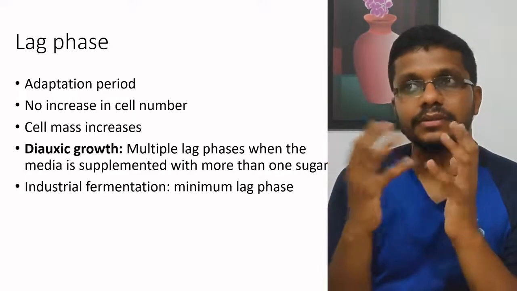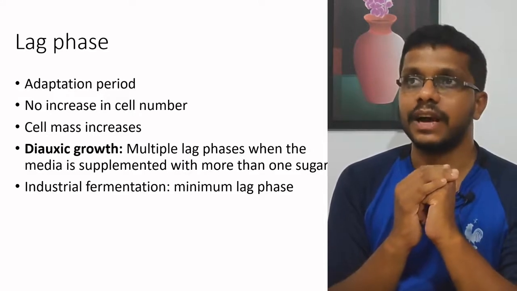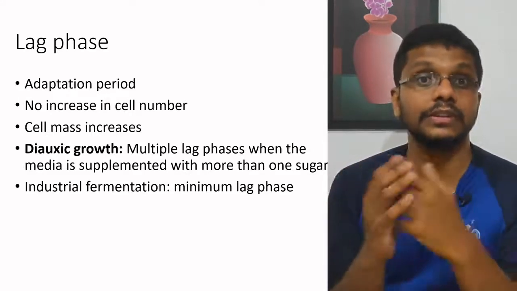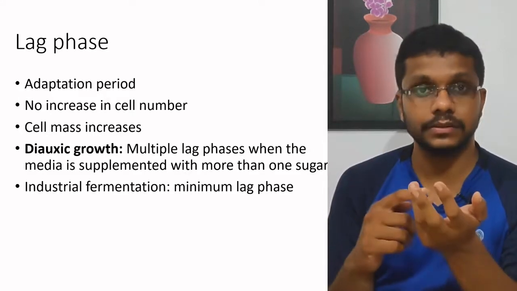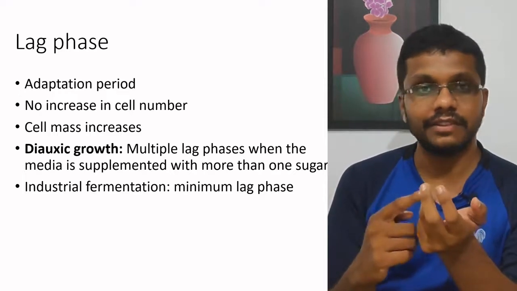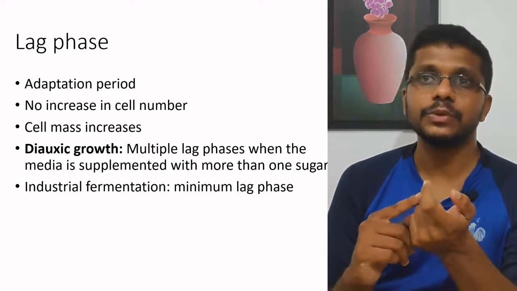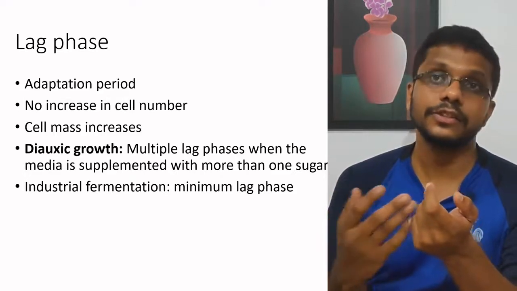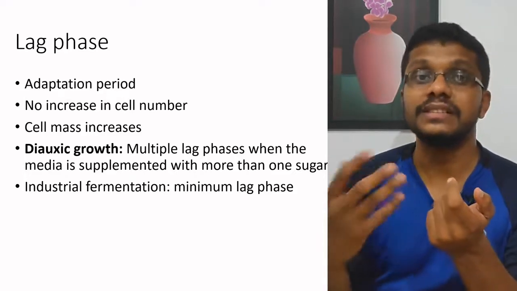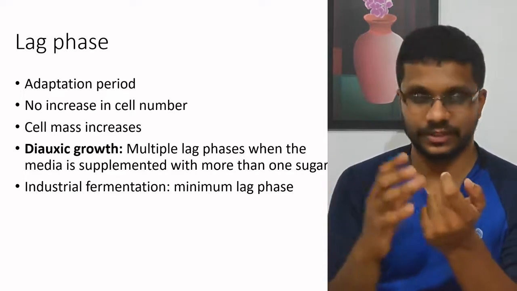Consider a situation in which we have more than two different carbon sources. One is glucose, then we have sucrose and starch. Out of these three sugar sources, the most easily utilizable is glucose.